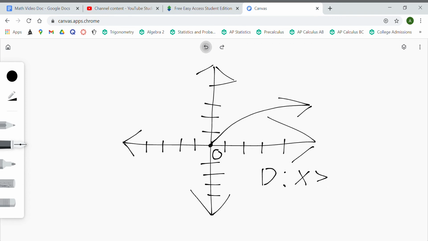Alright. Now, those are what we call continuous functions, where all real numbers in the line we just drew are solutions to the function. Now, you might come across in the real world where you really can't take a fraction or decimal of something.